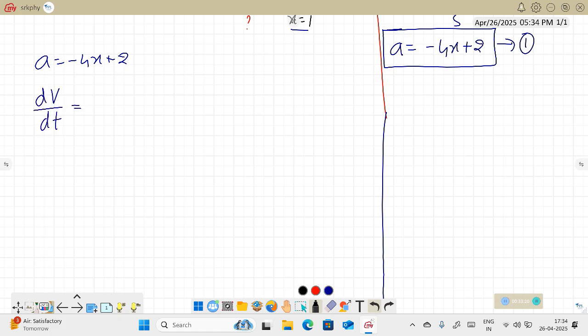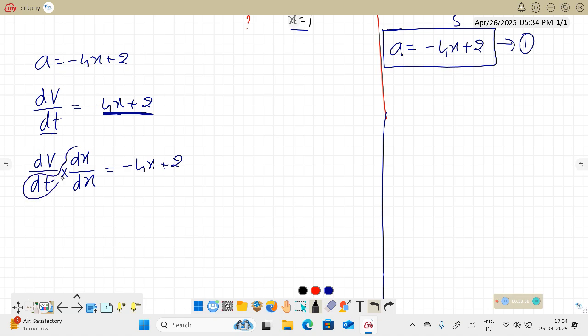But here we do not have a function of time, we have a function of x. So multiply and divide dv by dt with dx, and write dx by dt as velocity. That means v into dv by dx is equal to minus 4x plus 2.